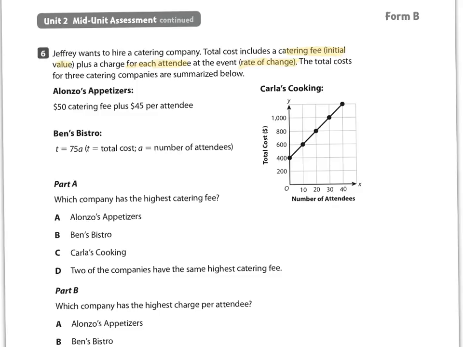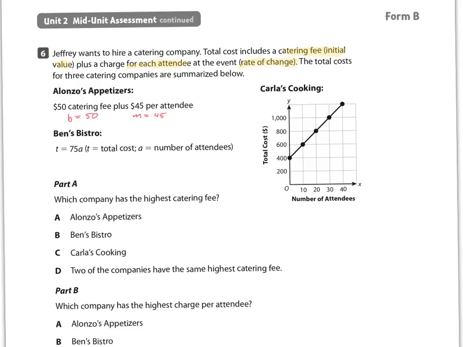So the first part, it says 50 catering fee, so that's going to be your y-intercept or your b, so that's going to be 50. And then it says 45 per person, so that's going to be your slope. So 45 per person. Now, when it comes to Ben Bistro, they actually gave us an equation.